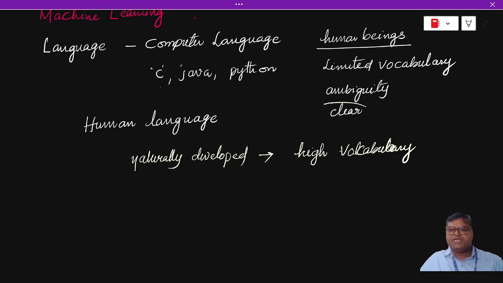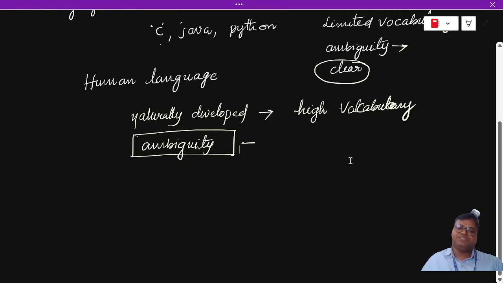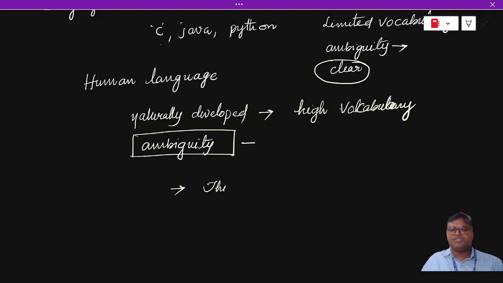In computer language, we have clarity, but natural language is characterized by ambiguity. This term will come again and again in our classes: ambiguity. So it is not that easy to understand a natural language. Now, to understand ambiguity, for example, I say: this is very light. That is one sentence.